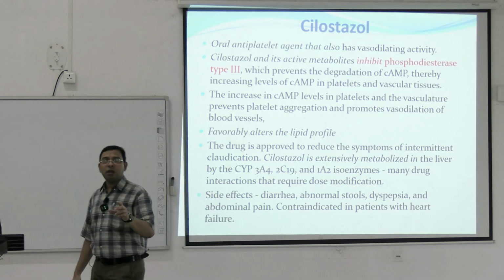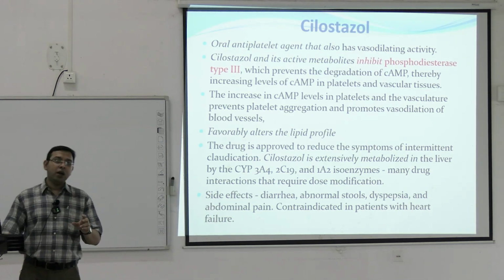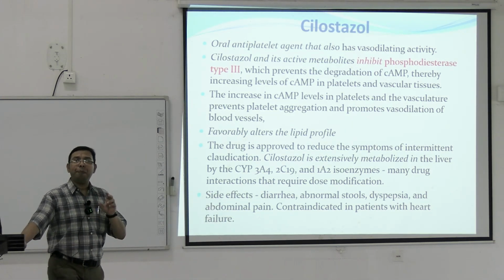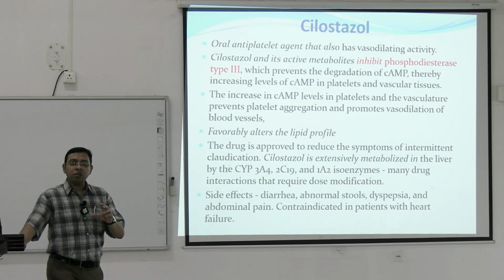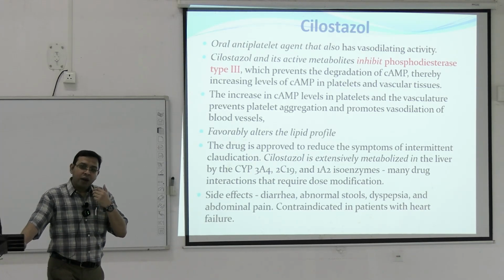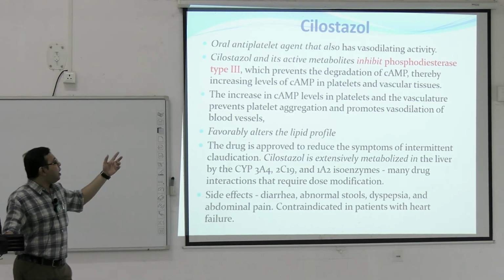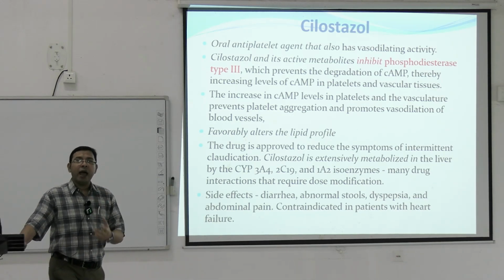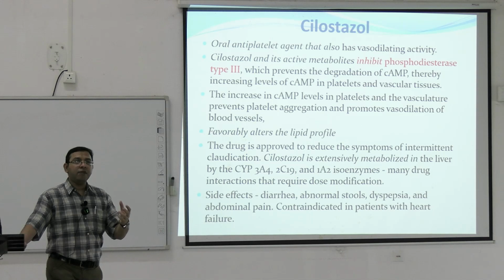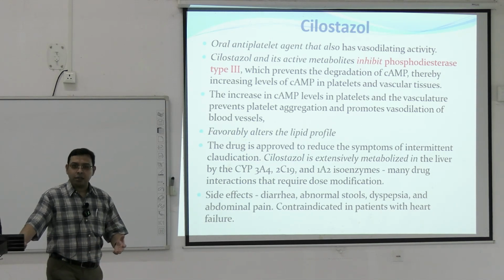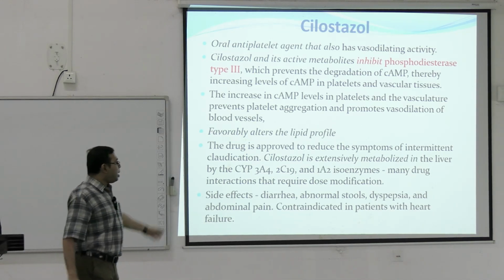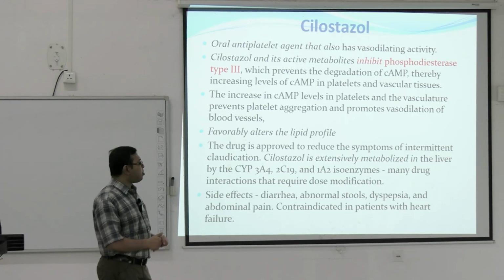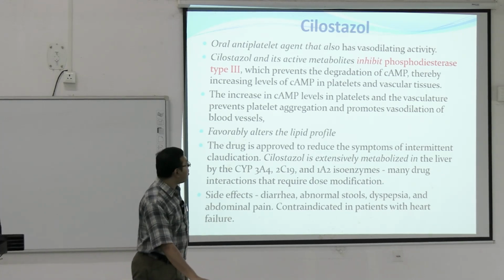So this cilostazol is mainly used to relieve this intermittent claudication in peripheral vascular disease because it has vasodilatory property by inhibiting the phosphodiesterase molecule, increasing cAMP and causing vasodilatation of the peripheral blood vessels, mainly in the legs. Okay. Side effects: diarrhea, abnormal stool, dyspepsia, etc. happen. Details are not required.